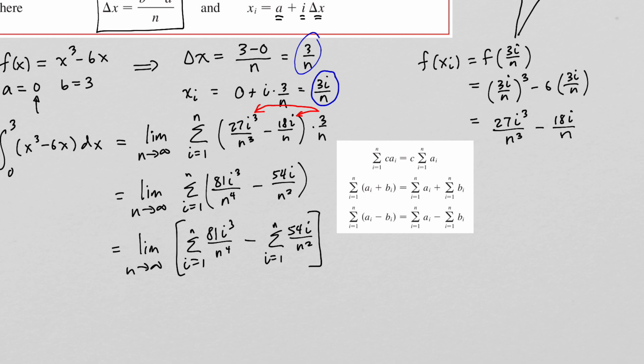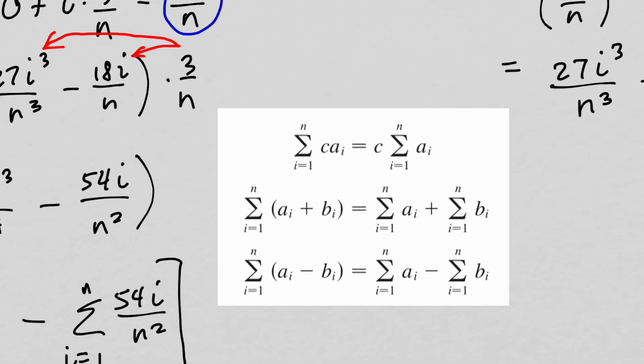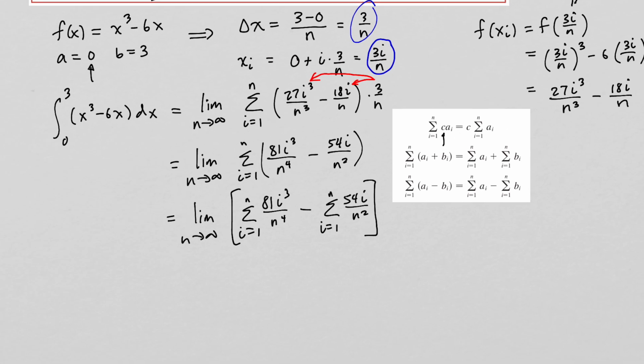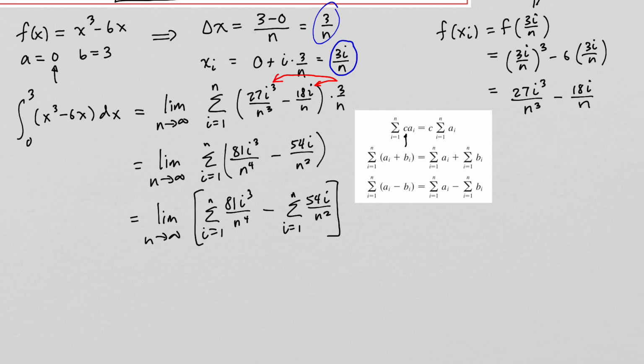Now what else can I do? Well, this property right here says that if you have a constant inside of your summation, you can factor it out in front. Now, what is a constant? This gets a little tricky. A constant isn't just numbers. It's anything that's not an i, because the variable of your summation is the variable i. So for example, right here, I have 81 and I have n to the 4th.